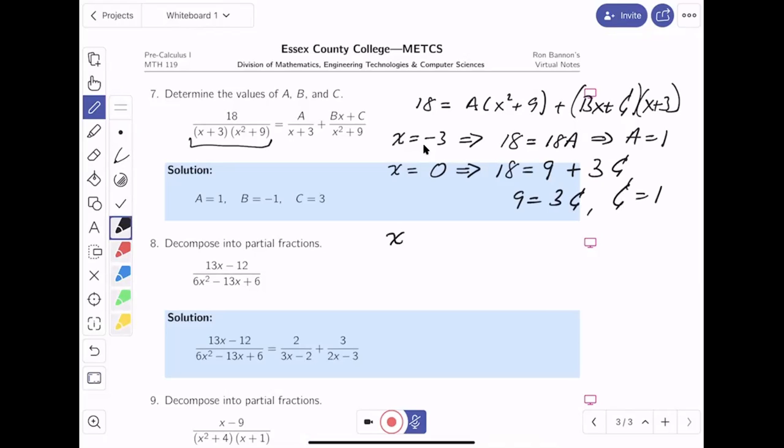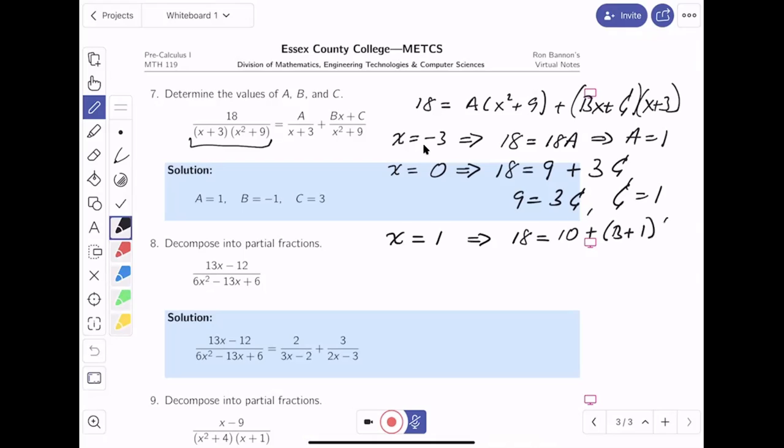I've got to pick another number now. And what are you going to get over there? I'm going to pick, let's take a look, I guess I'll try 1. 18. Again, a is 1. I chose x to be 1, so it's going to be 10 plus, I don't know what b is, right? But x is 1, so it's b plus c is 1.